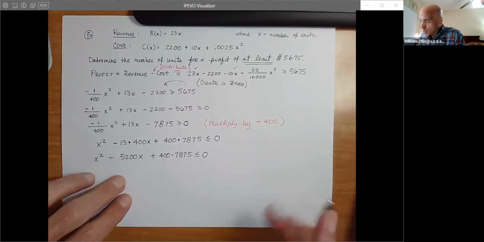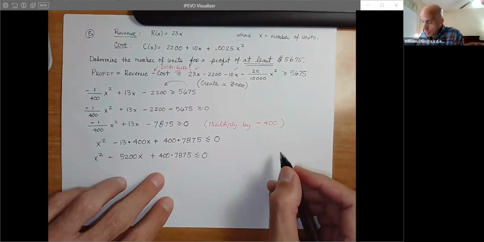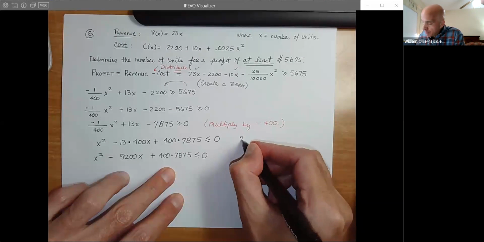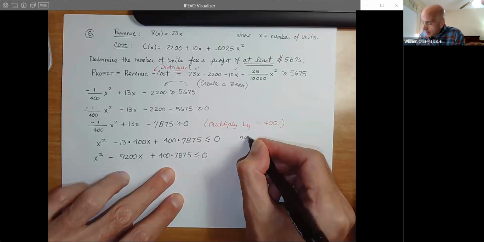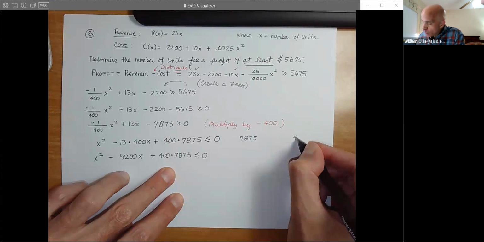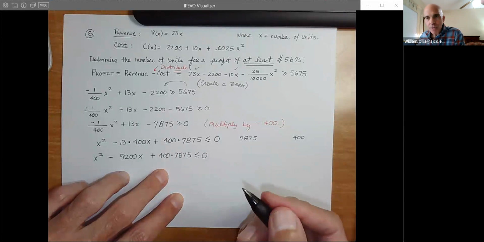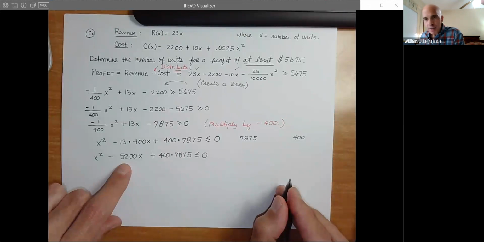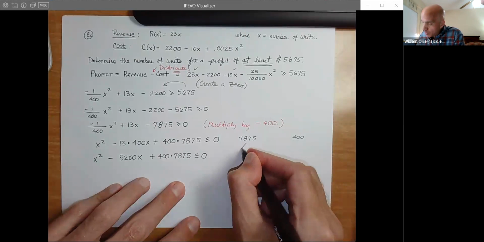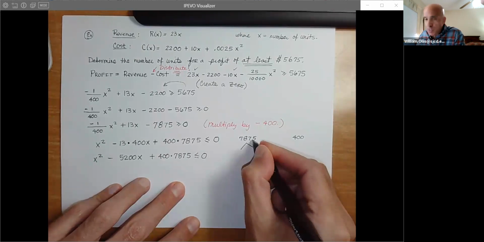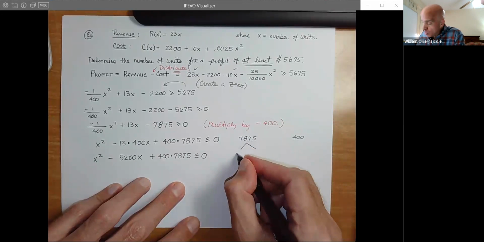Now, let's go over here and do our factor trees. So we have 7, 8, 7, 5, and then we're going to have a 400. And we're going to work on these and use the numbers that we generate to figure out what the Z and the W need to be. Now I'm going to start out really simple. This is clearly divisible by 25 because of the 75. So do a 25.